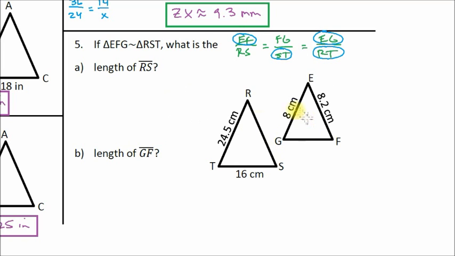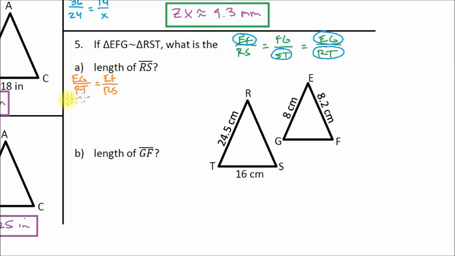Now I'm not going to mark the angles only because they're not asking us about the angles at all. All right, let's set up for RS. We're going to use the ratio that we know the top and bottom of. That's EG divided by RT is equal to, we're looking for RS, that's in the first ratio, EF over RS.